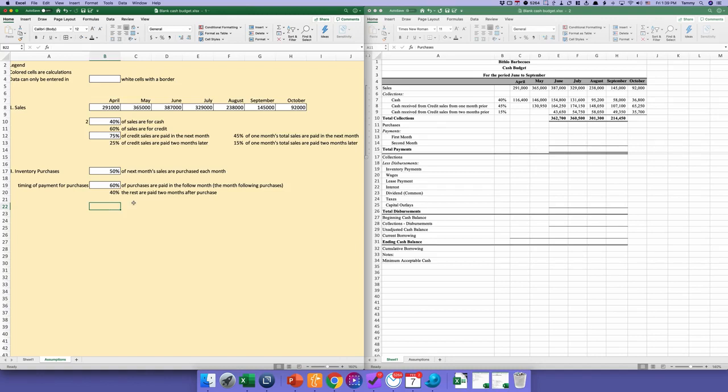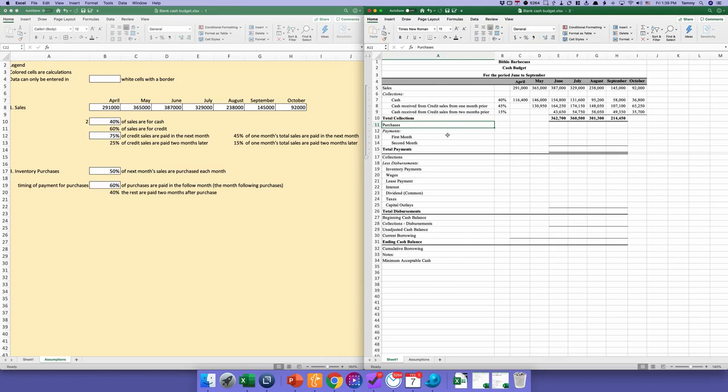Okay, so we're going to go ahead and do our cash payments now, our payments for inventory. Again, I'm not a big fan of the way that your textbook author set this up.